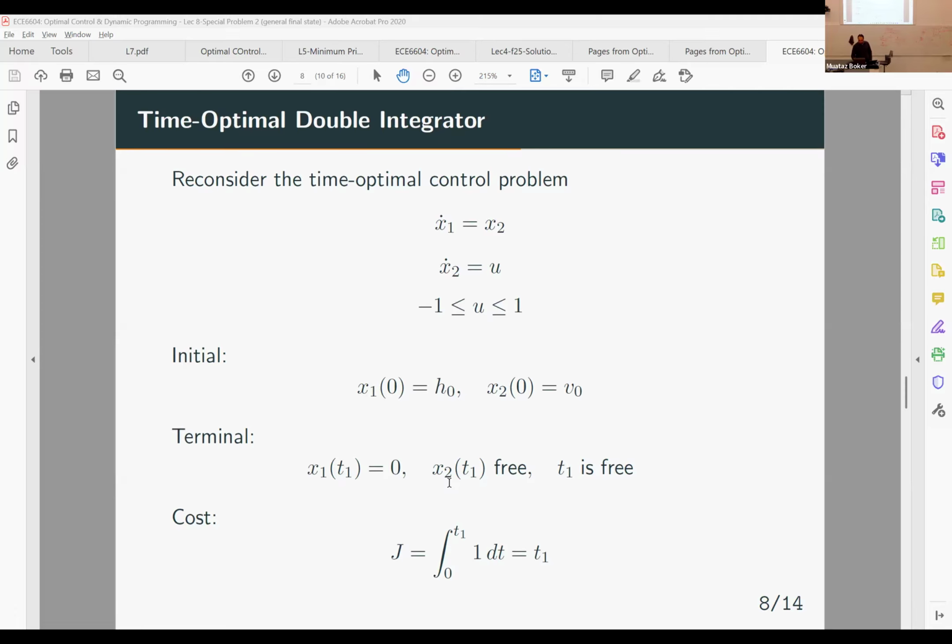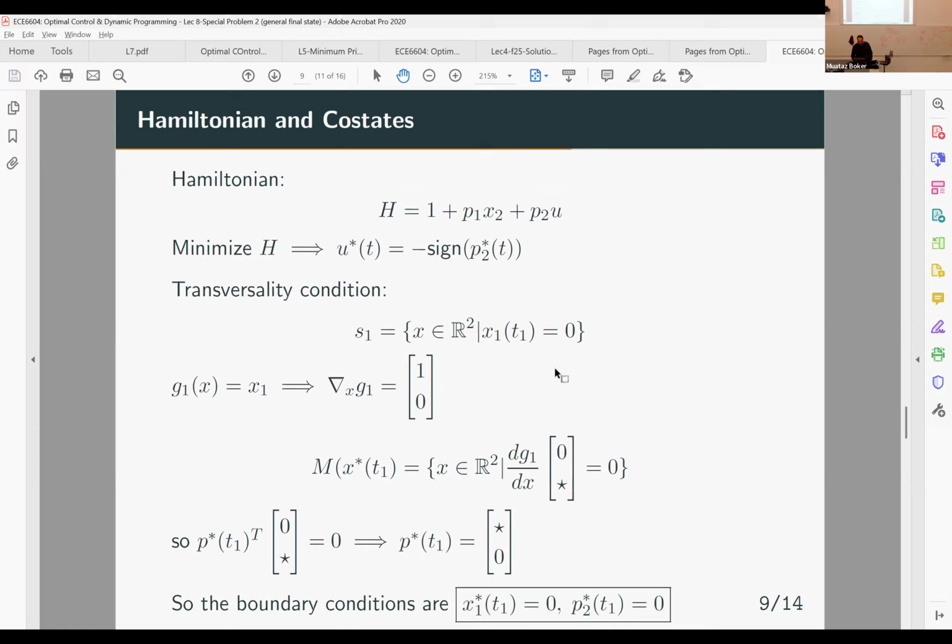So we'll see. The Hamiltonian is the same as before. We solved this problem, so I'm skipping details here. U star, we did this before, is equal to minus sign of P2 star of t. See lecture number 5, I believe, for how we did that.